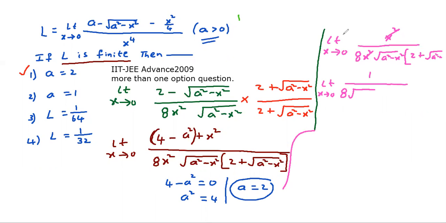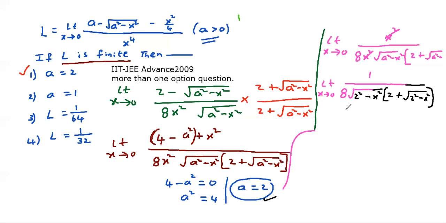So observe here, in place of a, I am writing 2, right? Already we got a as 2. Here I am substituting 2 square minus x square into 2 plus root 2 square minus x square. Got it? So in the denominator, in place of a, we are just writing 2.